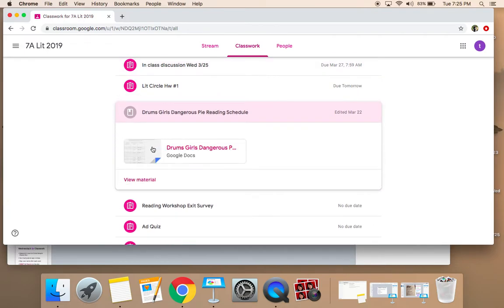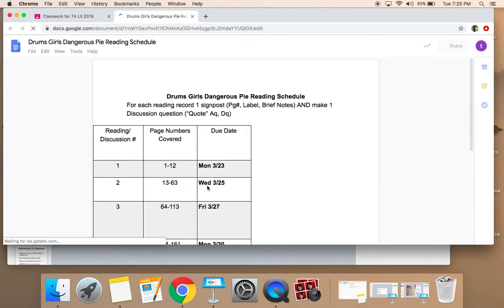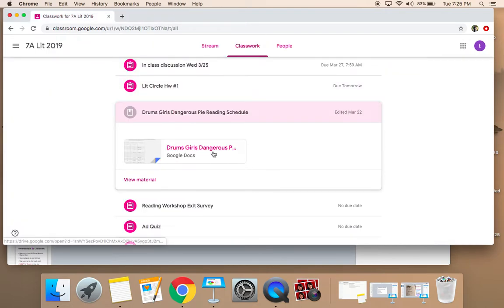Click on the schedule and actually click on the document, and this tells you what page numbers are due when. So for Friday, Drums of Dangerous Pie, you are reading pages 64 to 113. First step, make sure you know what pages are due.